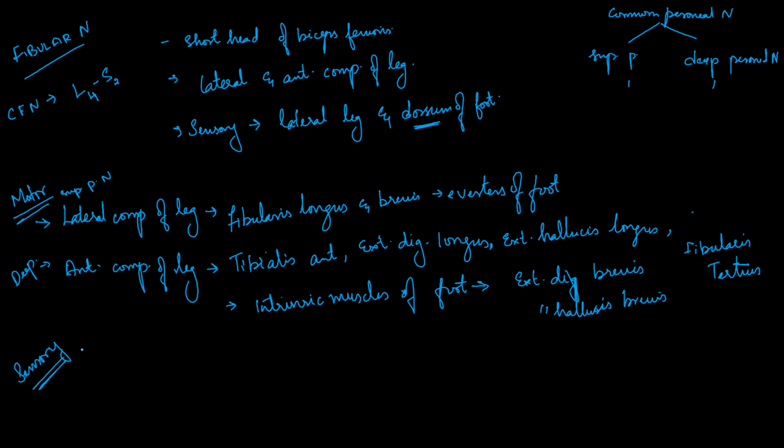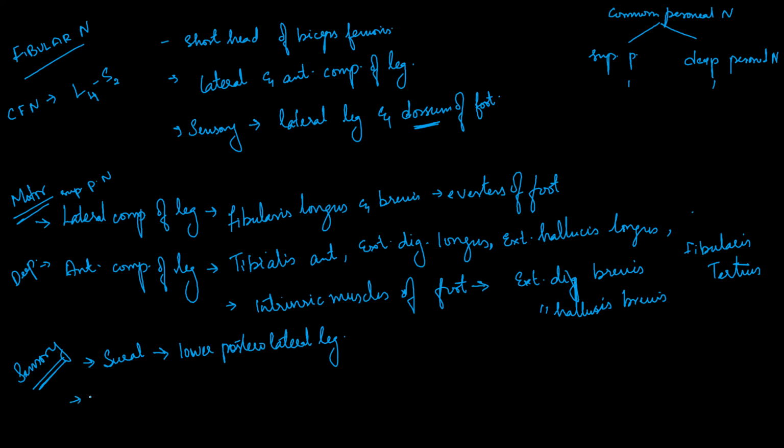Sensory supply is through the sural nerve. As we said earlier, the tibial nerve cutaneous fibers combine with the peroneal nerve sensory fibers and form the sural nerve, which supplies the lower posterolateral aspect of leg. Lateral aspect of the leg.